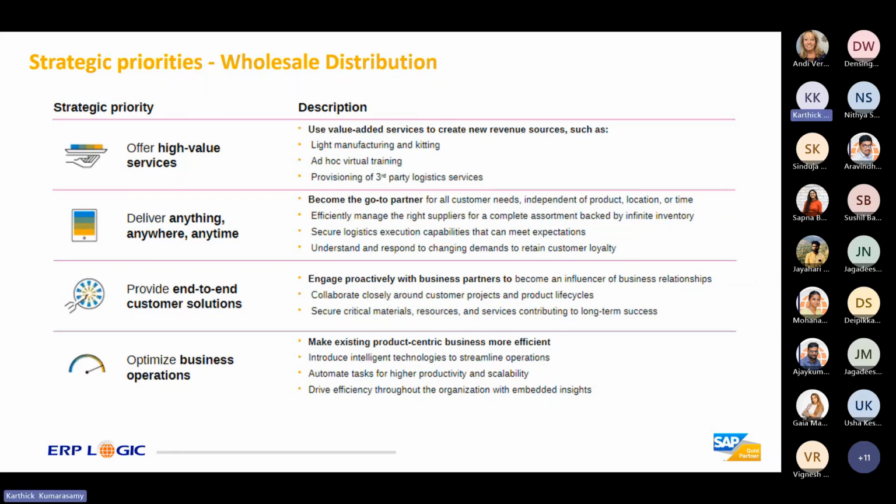The third is end-to-end customer solutions, where a manager or team member can closely collaborate on customer orders to track the complaint lifecycle status. And the fourth is to optimize the business operations, automating for high productivity and using intelligent technologies to streamline operations.